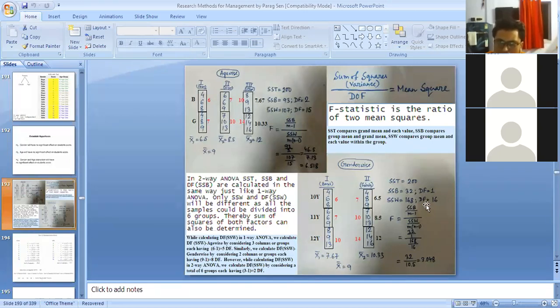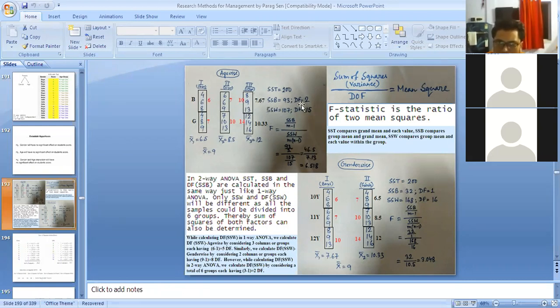But in case of sum of square within, the calculation will be different for all the cases. Even for age wise it will be different, for gender wise it will be different, and whenever you are considering the interaction between age and gender, in that case also it will be different.